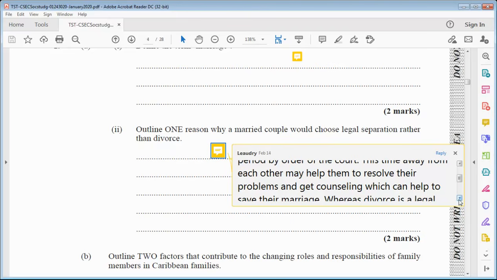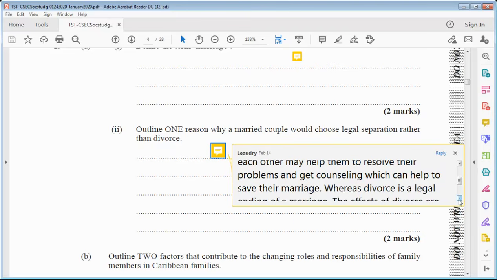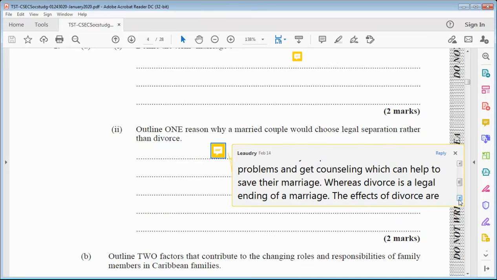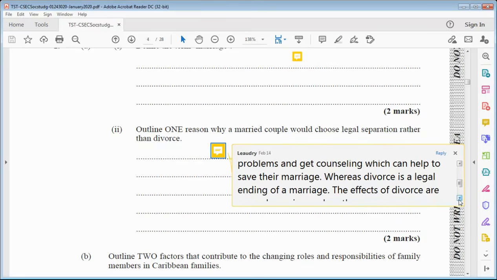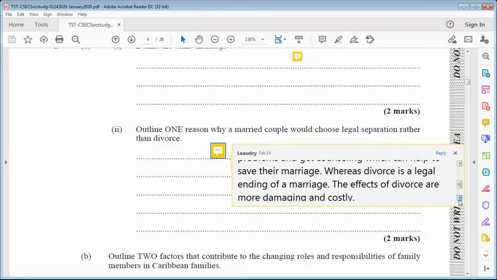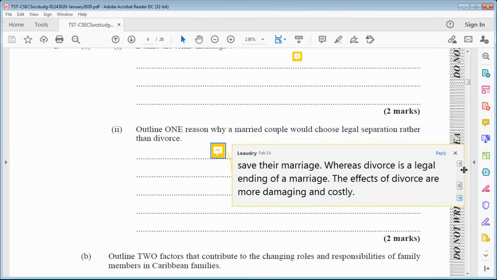Whereas divorce is a legal ending of a marriage, and therefore the effects of divorce are more damaging and costly. So that is one reason why a married couple would choose legal separation rather than divorce. There are some key terms that you must include in your explanation, and you will get 2 marks for that.